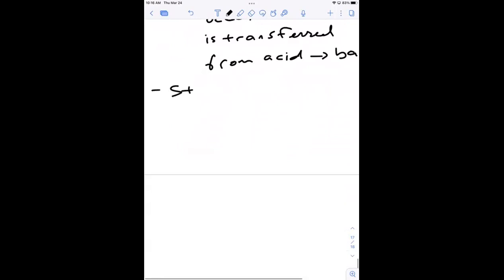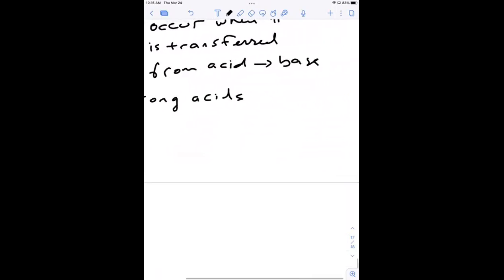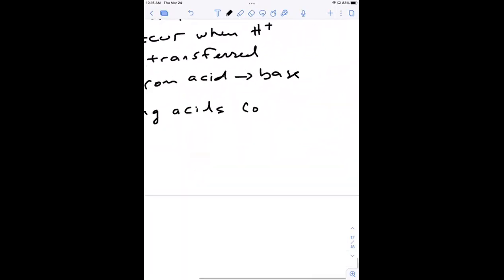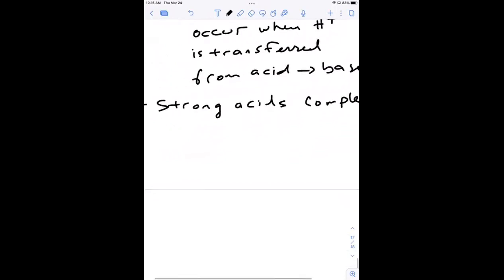If it's a strong acid, it's gonna completely dissociate, right? So if you take that acid and you dilute it up with water, it's going to dissociate completely, right?